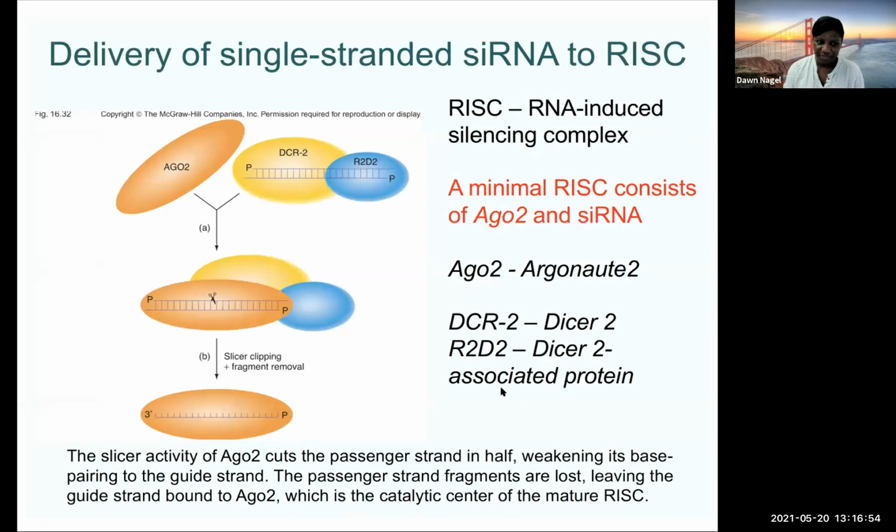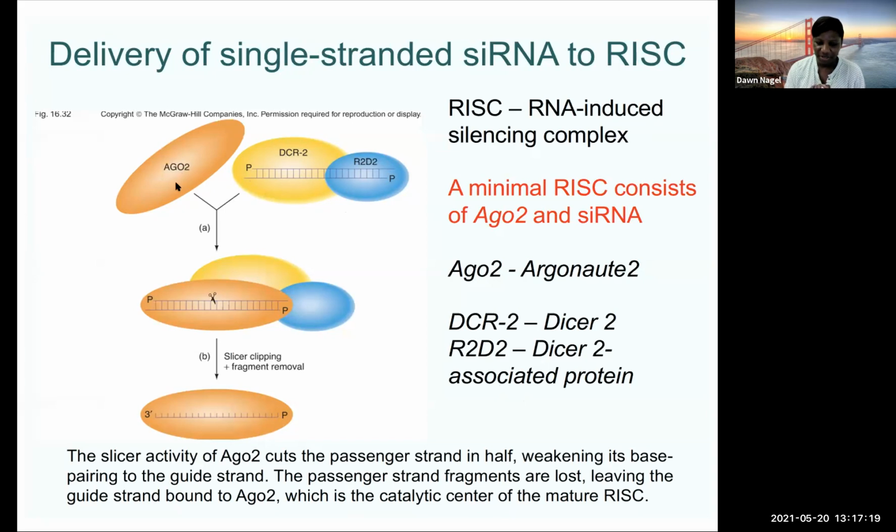The delivery of this single-stranded siRNA to the RISC complex, as I mentioned, includes many different proteins. So you have this RISC, RNA-induced silencing complex, which includes a protein called Argonaute-2. There are multiple Argonautes in eukaryotes.